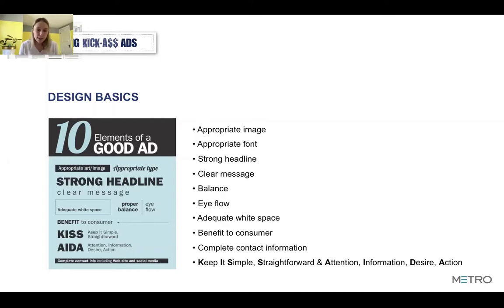Have adequate white space. What's the benefit to the consumer? You want complete contact information, of course. And then 2 acronyms to keep in mind while designing, to keep it simple and straightforward, which is KISS, and ADA, which is to get their attention, give them information, create a desire, and then get them to act.